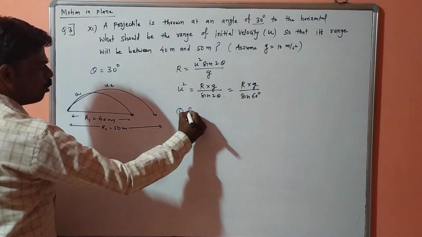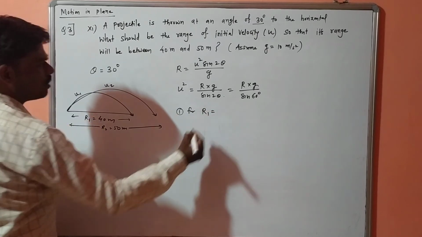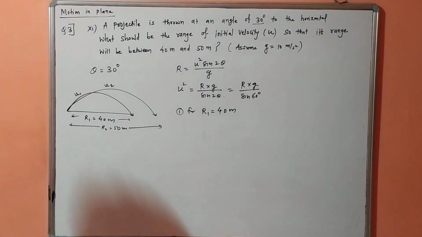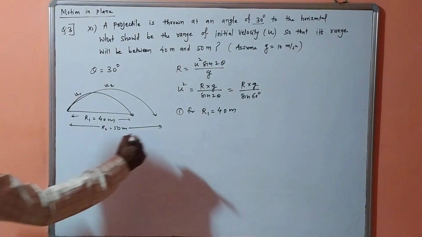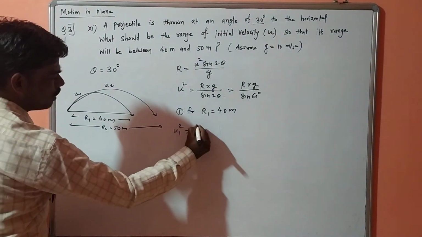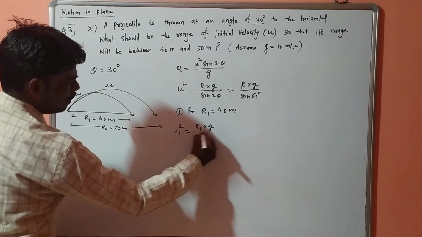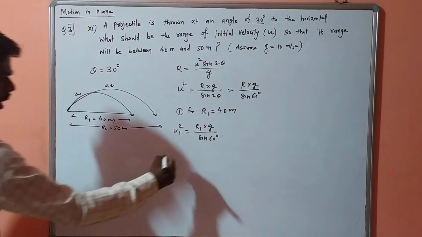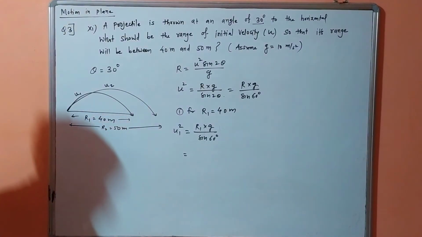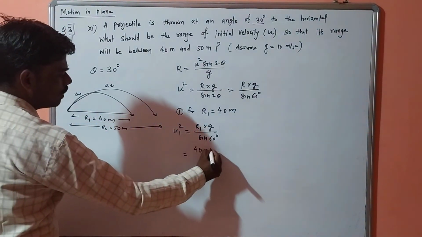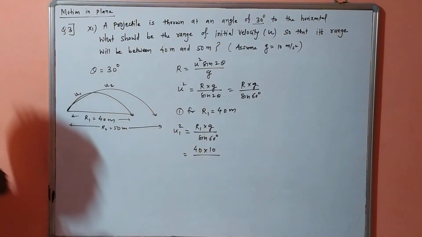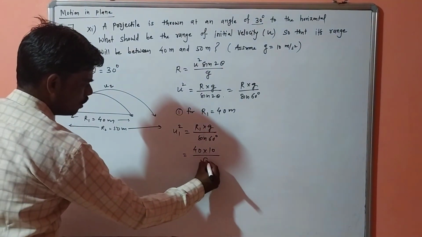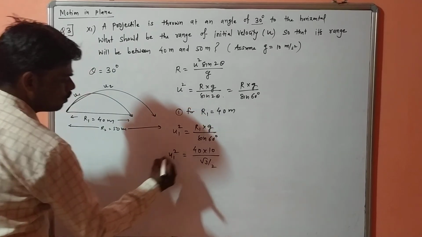So for the first range R1 of 40 meter, what can we write? u1 square is R1 g upon sine 60. R1 is 40, g is 10 and sine 60 is root 3 by 2.